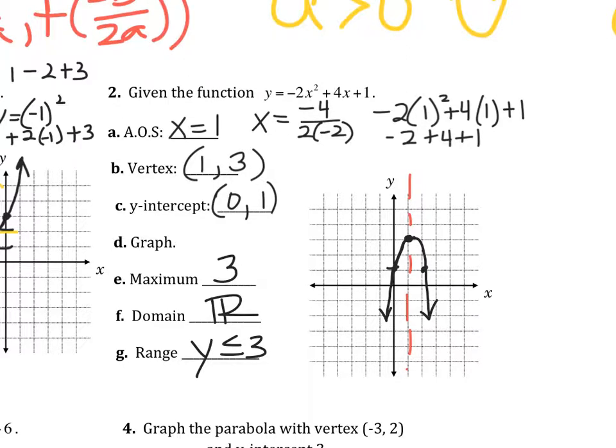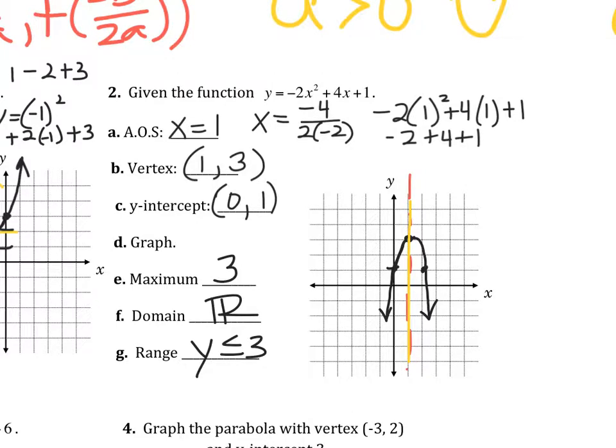Because if you think about it, maximum and minimum are talking about up and down, which is y. If it's maximum versus minimum, minimum is always greater than, maximum is always less than.